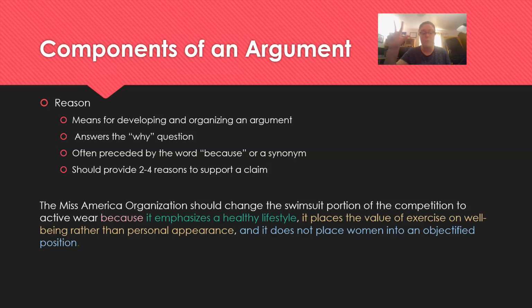So we've got 3 reasons. Our reader has hypothetically asked us, well, why should the Miss America organization embrace activewear over swimwear? And we have said, well, because healthy lifestyle, emphasis on well-being, and removing women from being objectified. So reasons 1, 2, and 3.